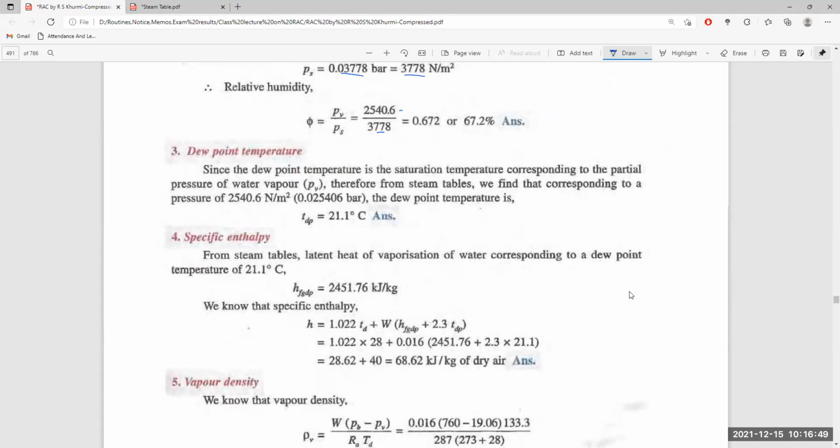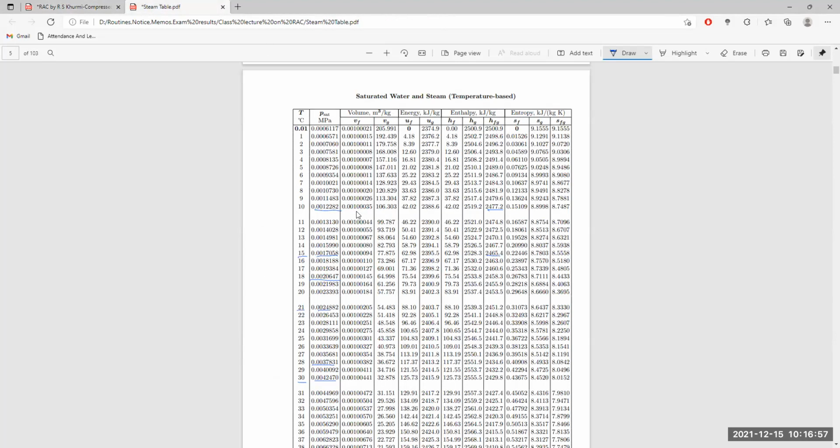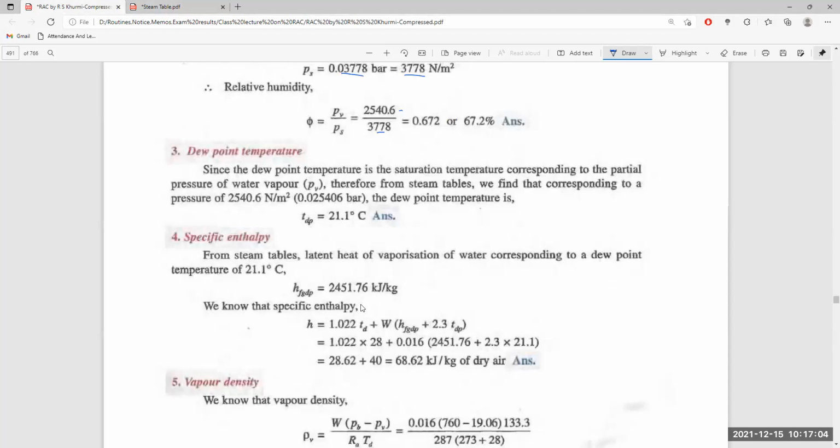This is available from the chart at 21 degrees centigrade: 2451. So this is 28.62 plus 40, that is 68.62 kilojoules per kg of dry air.